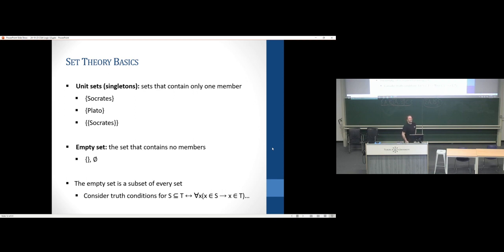Could you have a singleton set of an empty set? Absolutely, right? So the singleton set of the empty set, we could write it like this. So again, this actually highlights the difference between membership and being a subset, right? So how many members does this set have?